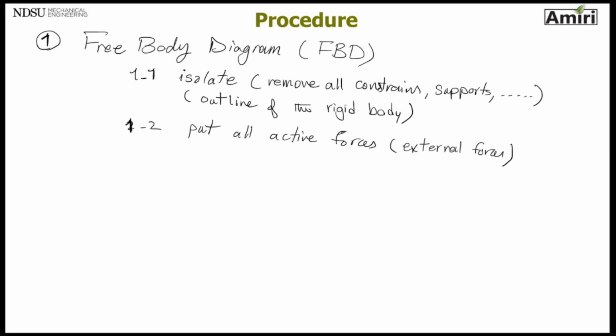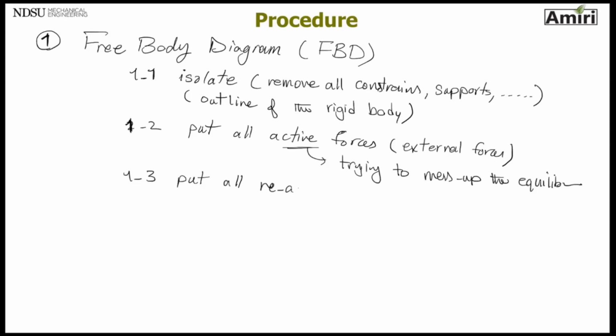Basically, anything that is trying to mess up our equilibrium. Step 3 is to put all reactive forces. Well, active forces are trying to mess up the equilibrium. Reactive forces are trying to keep the equilibrium.